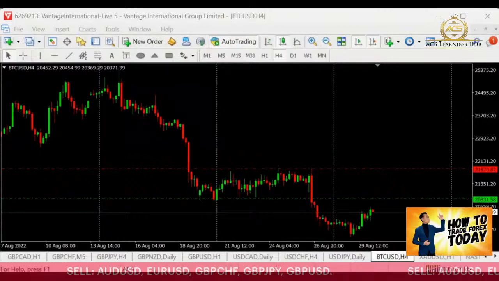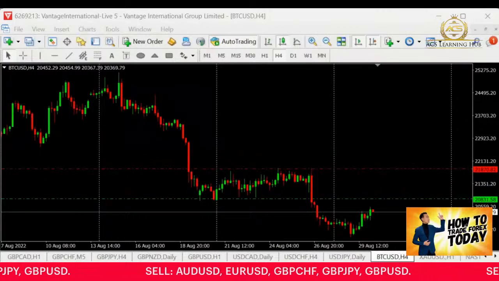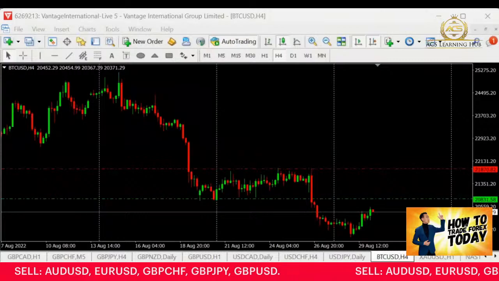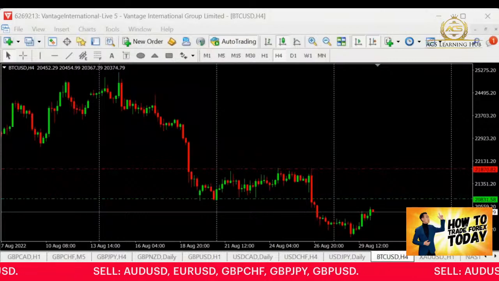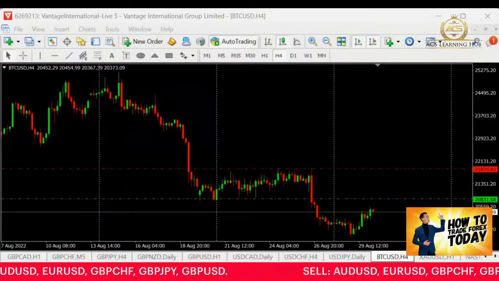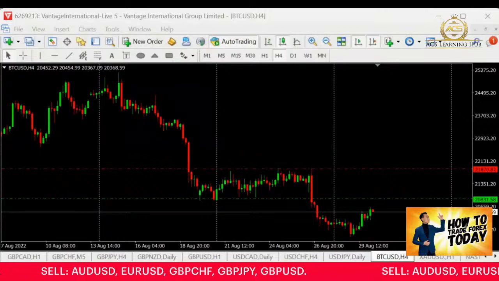We have Aussie dollar, Euro dollar, pound franc, pound yen, and pound dollar. So we have all these, and all these are for selling. So guys, do remember, those pairs that we need to sell, do stay with the selling.